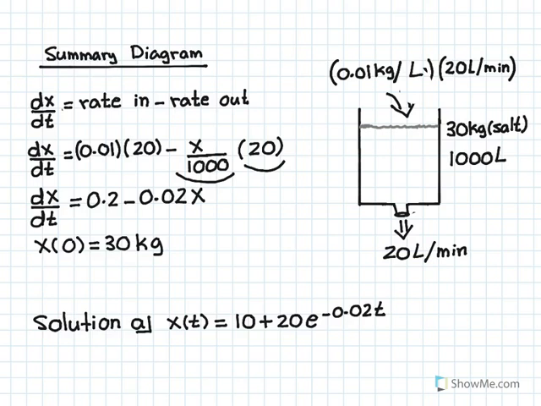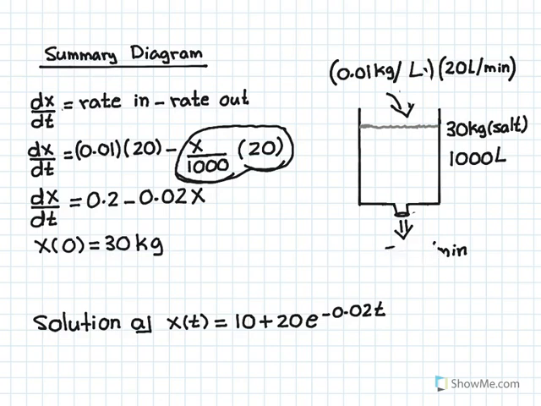A lot of times when students are doing this on a quiz or a test, it's very common to make a mistake in this step, the rate of salt that's exiting the tank. So it's a little bit of chemistry. X over 1,000, this ratio represents the concentration of salt at time t, multiplied by the amount of solution that's leaving the tank, and we get the amount of salt that's leaving the tank.